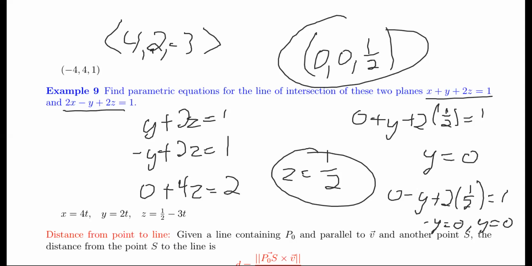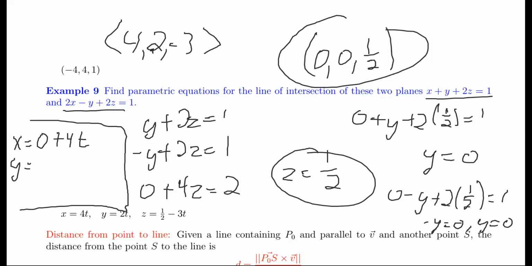So this gives us the parametric equations. x is equal to 0 plus 4t. y is equal to 0 plus 2t. And z is equal to 1/2 minus 3t. And those are the parametric equations for the line of intersection between those two planes. And that ends this video.